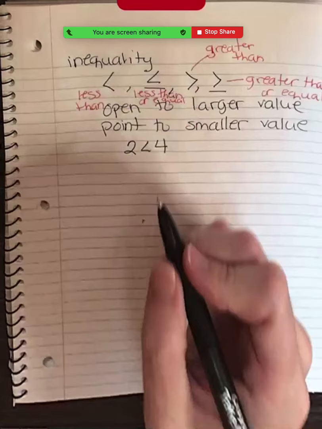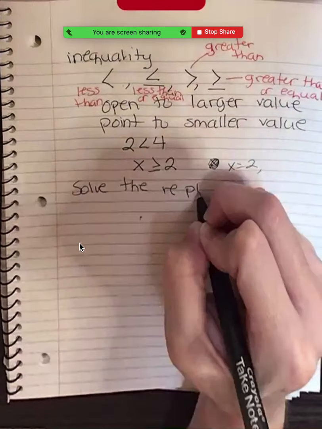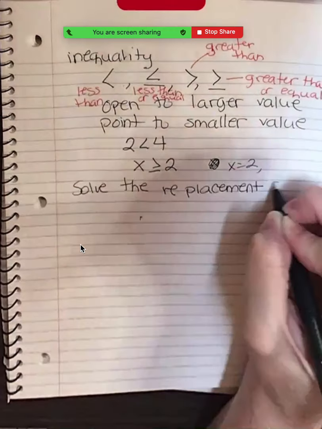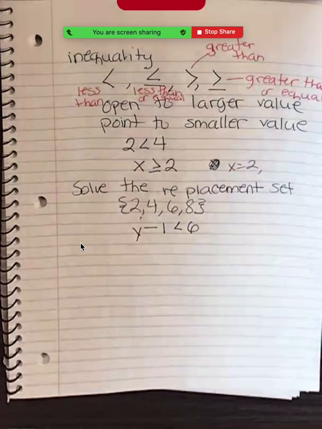Now we're going to solve using the replacement set 2, 4, 6, 8 again. On the inequality this time, y minus 1 is less than 6. Same thing.